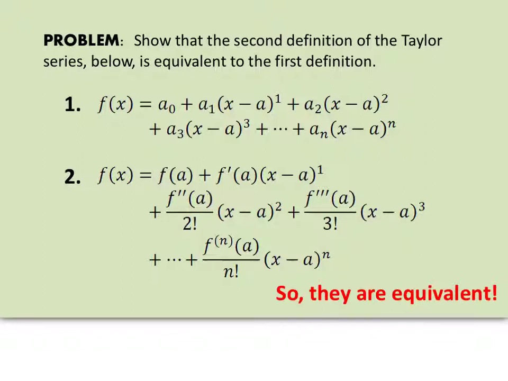It turns out that the two equations are just used for different purposes. When we have experimental data for f of x, and we would like to find the approximate function, then we want to use this first equation, because it allows us to easily fit the experimental data and determine the constants a0 through an.